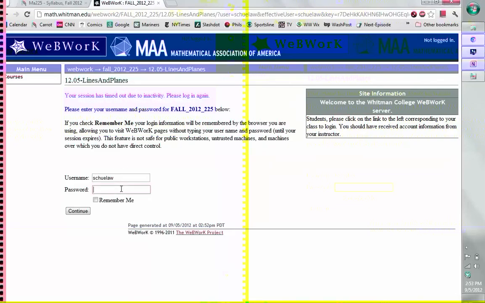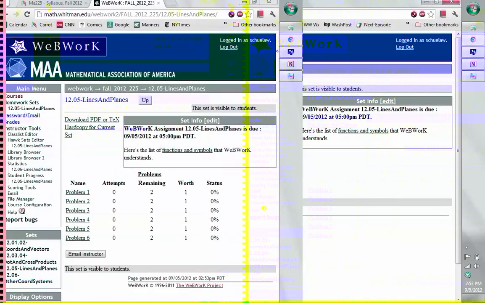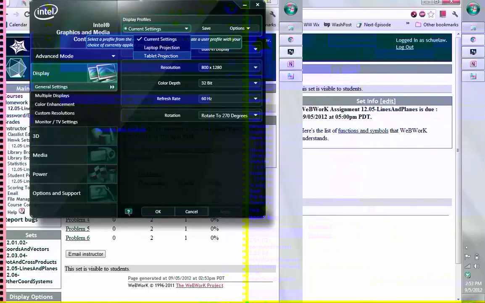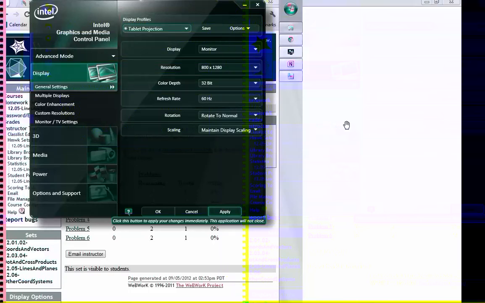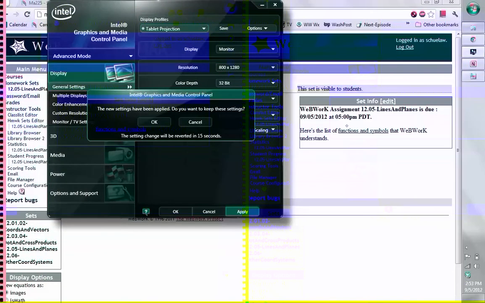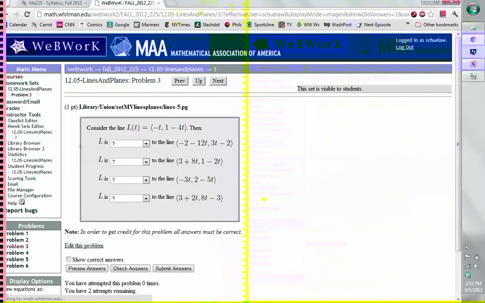Probably just killed my recording too. Okay. I suspect that that's from recording the desktop. Number which one? Number 3. Oh yeah. Okay.